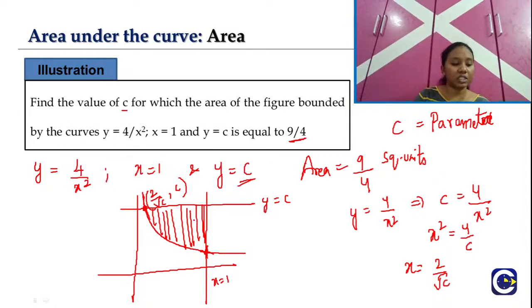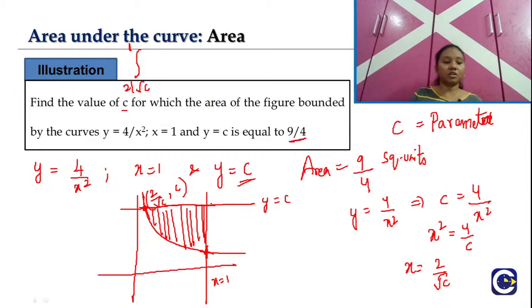So what will be our integral here? Integration starts from, so the curve will be coming like this. So I am going to start the x point here. So my limits here will be 2 by root c to x equal to 1. And what is the upper curve in this entire figure? The upper curve will be y equal to c. Yes or no?